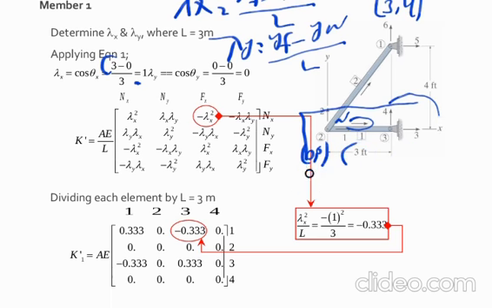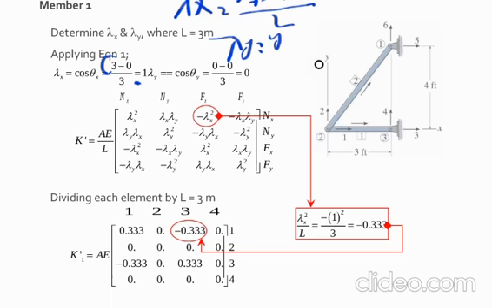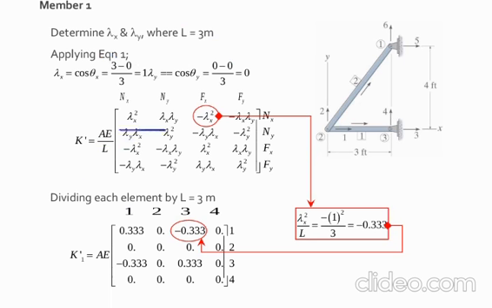So now we have to put all our values in a matrix. AE is constant, and L you can keep outside the matrix as it is here, or you can put it inside the matrix.